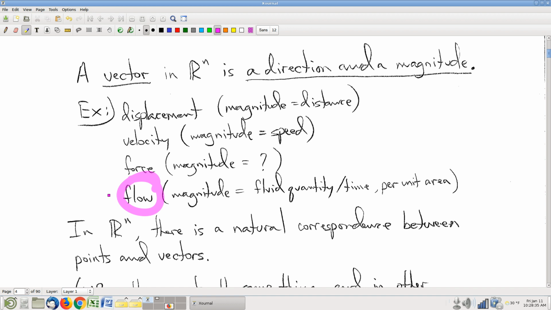You can quantify that in different ways, but there will be some sort of a magnitude that describes that. And one way to do that is to talk about per unit area. Like if I were to put a little area here, how much fluid per unit time is passing through that area? That'd be a reasonable way to do it. Another very reasonable way to do it would be to just talk about the speed of the fluid itself, any little particular piece of the fluid, how fast is it moving? Different ways to go.